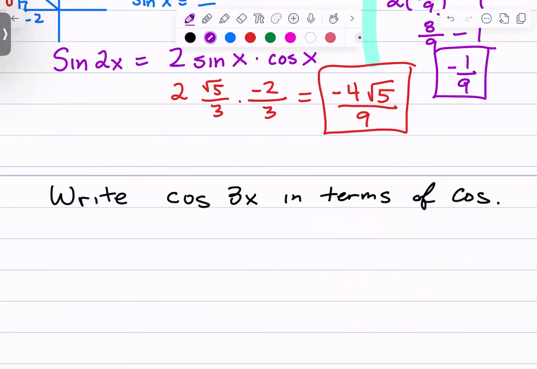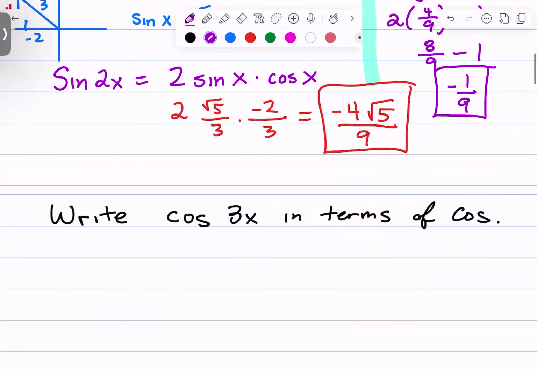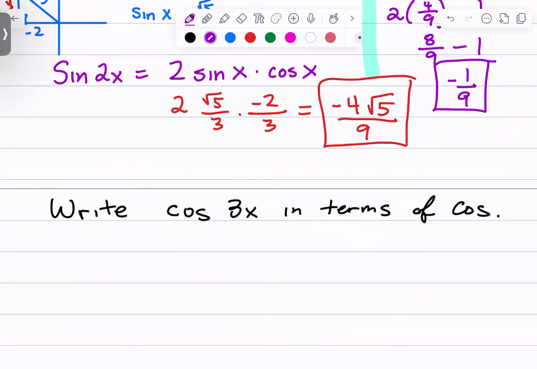Write cosine of 3x in terms of cosine. Okay, so this is like simplifying. Cosine of 3x is the same thing as cosine of 2x plus x, right?